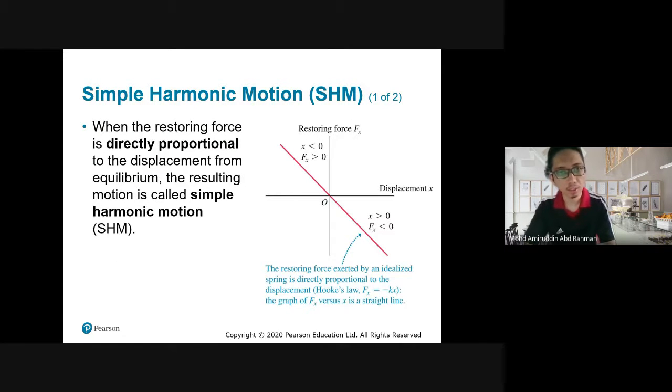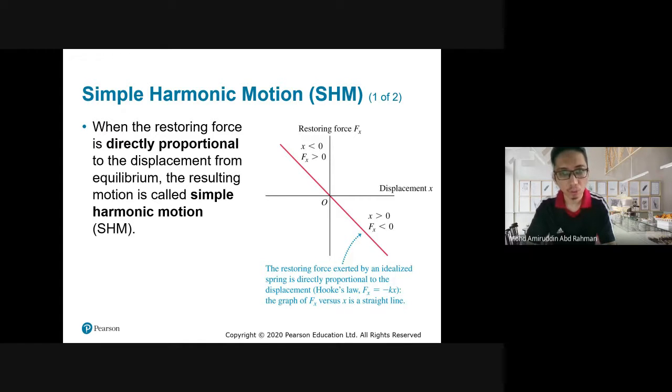This restoring force is directly proportional to the displacement from the equilibrium. Proportional means that it is linear if you plot it on a graph against the displacement that you applied, so it will be a negative slope when you plot the graph of Fx versus x.